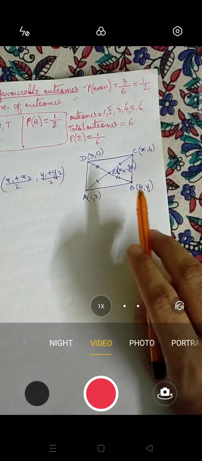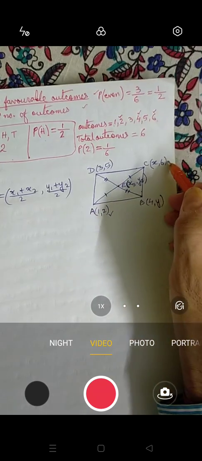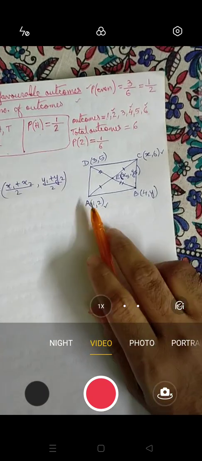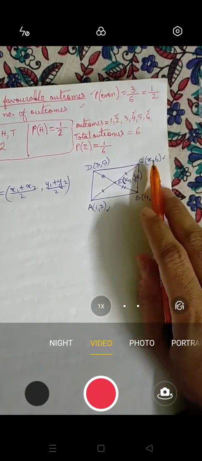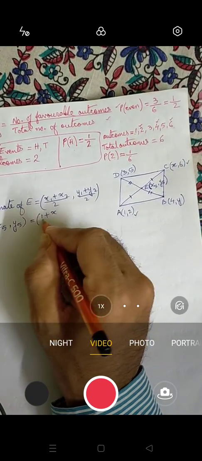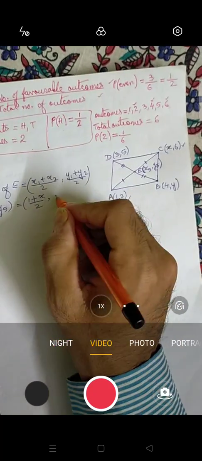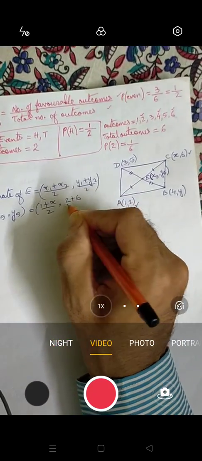E is the midpoint of AC, we have mentioned, so we will be taking the coordinates of A and C. So we will take (1 plus x by 2, comma 2 plus 6 by 2). Any problem?